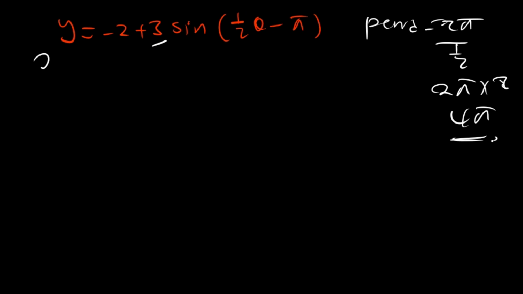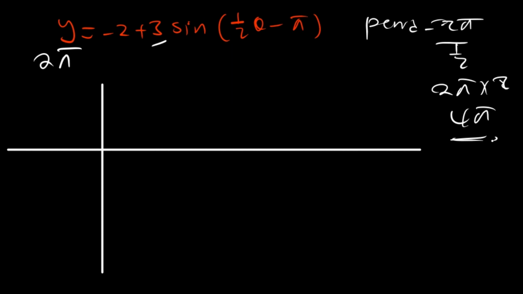The phase shift is where the graph is going to start from. That's what you should know. So I'll put here 2 pi. So I'll keep on adding the phase shift. You get my point? Until I reach 5 points.